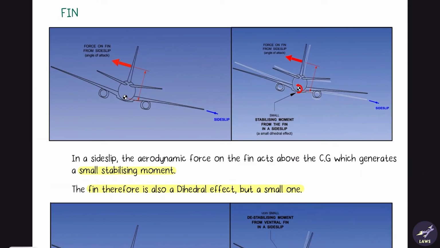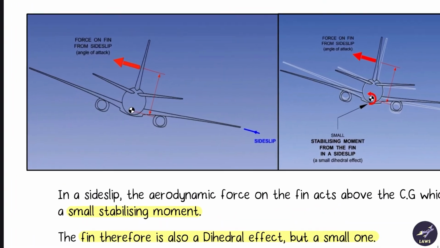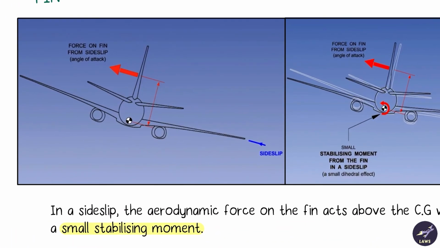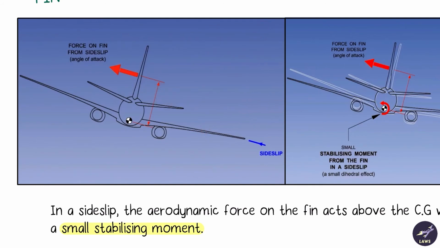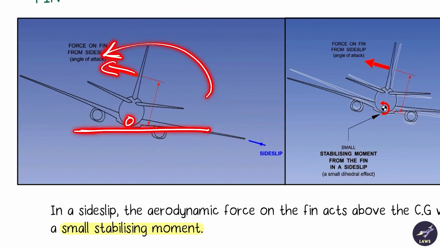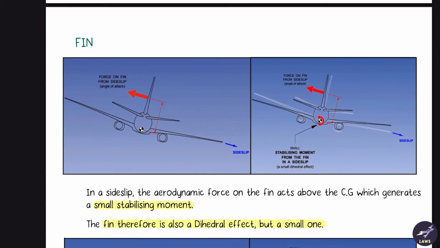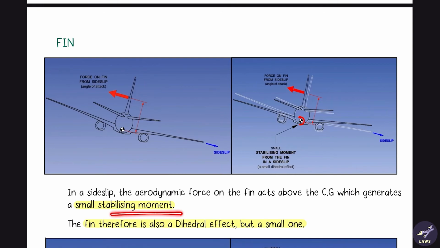Then we have the effect of fin on lateral stability. So as we know, in case of a right side slip, the fin provides a force in the opposite direction, as we had seen during the directional stability. Okay, so since the fin is above the center of gravity, it is giving a stabilizing moment. It is helping the aircraft to come back to wings level. So fin provides a small stabilizing moment.